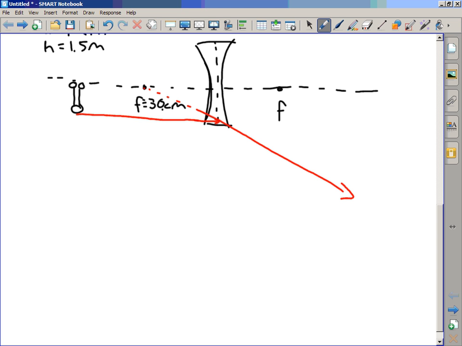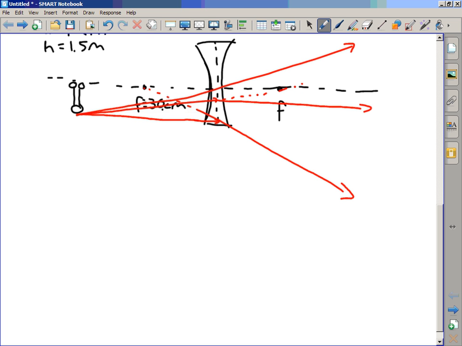What's another rule? What happens? It keeps going. So one that goes through the center keeps on going. Last, one that would have gone through F2 instead comes out parallel.